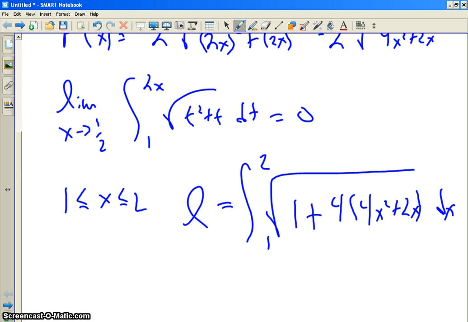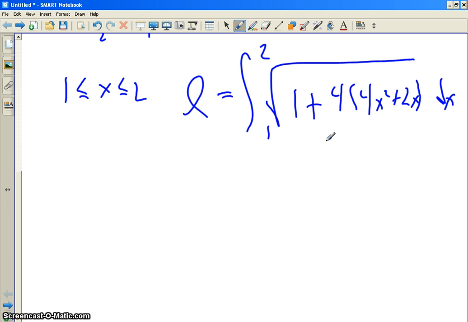Okay, now the game here is, if you get something that you can square root, if it's a perfect square inside, you can probably integrate it. Or if you get something inside that factors out as a perfect square, you might get a u sub out of this. Can you actually do this algebraically? Now, it's rare that you can get 1 plus y prime squared square rooted to be integrable. But this one is. All right, Chris, what'd you say? Distribute the 4? Yeah. All right, so let's do that.